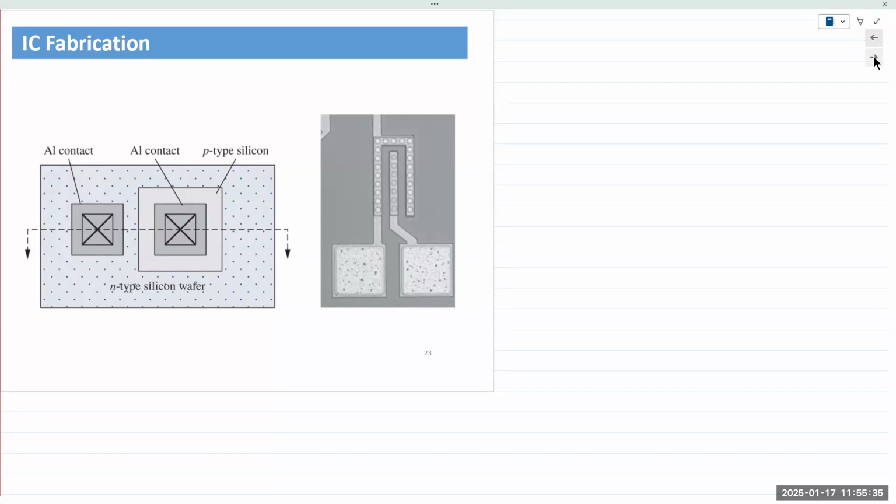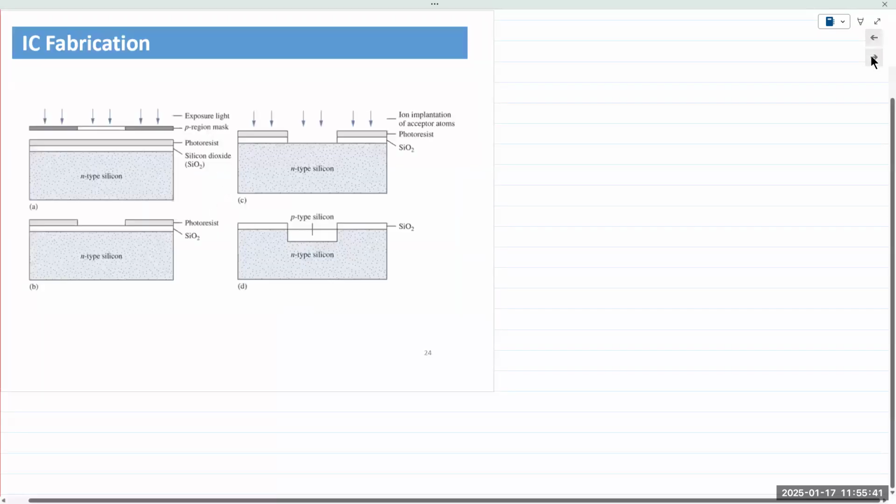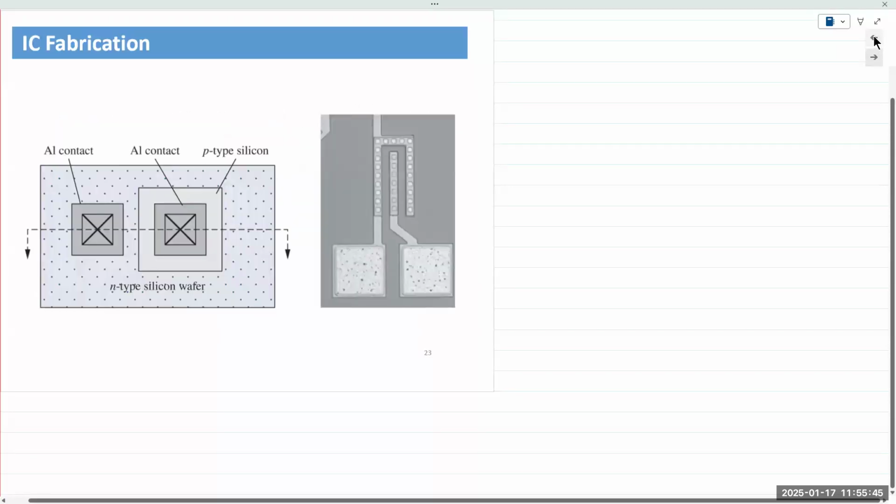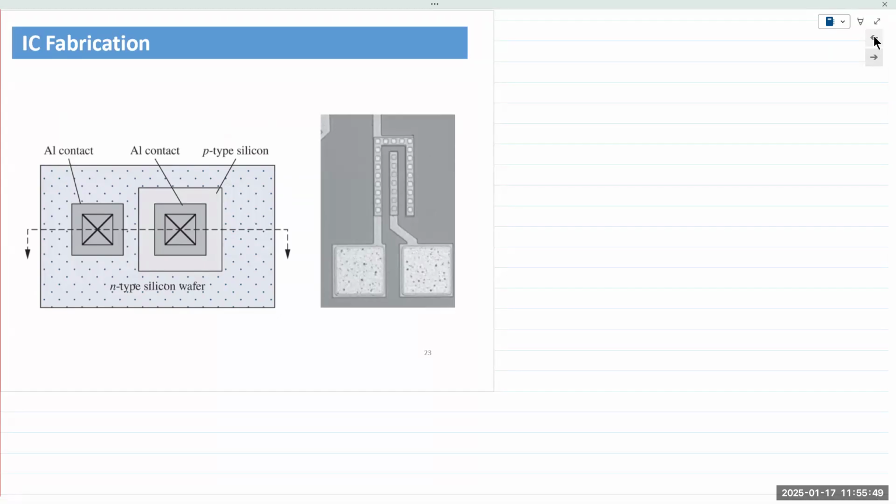So how do we actually manufacture these devices? That's what I want to talk about in these last 2 slides. Going back to the beginning of chapter 1 and 2, I did a little small talk about how the integrated circuit was invented around the 1950s.